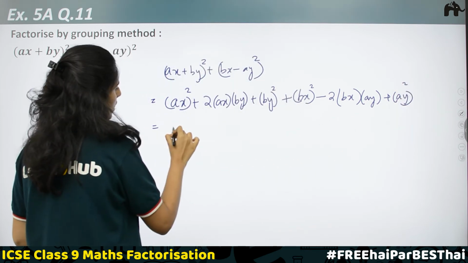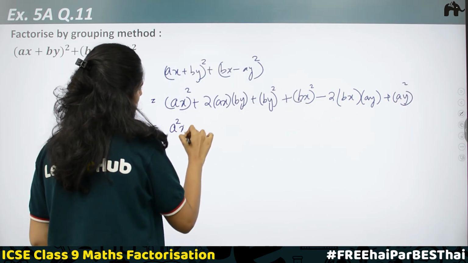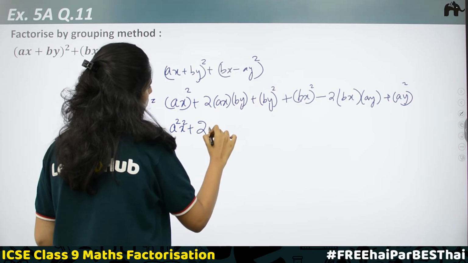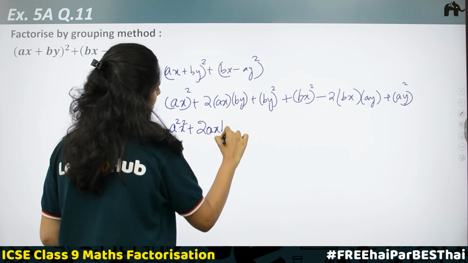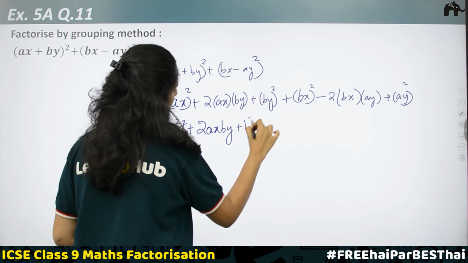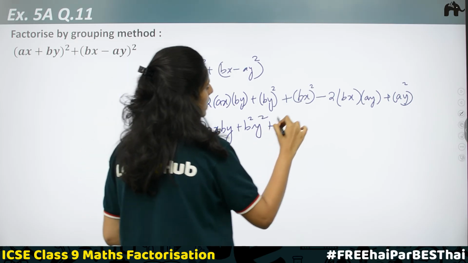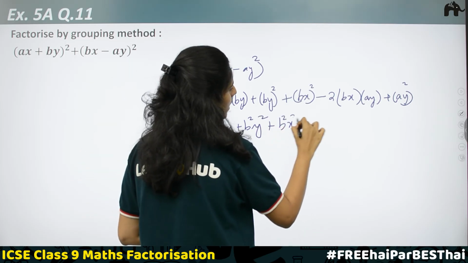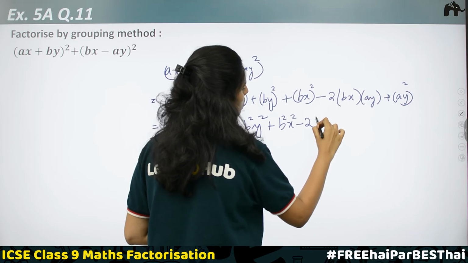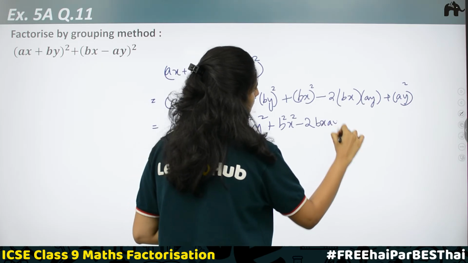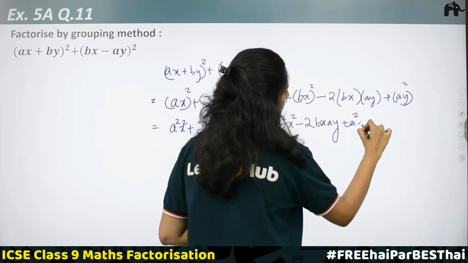And that is equal to a square x square plus 2abxy plus b square y square plus b square x square minus 2abxy plus a square y square.